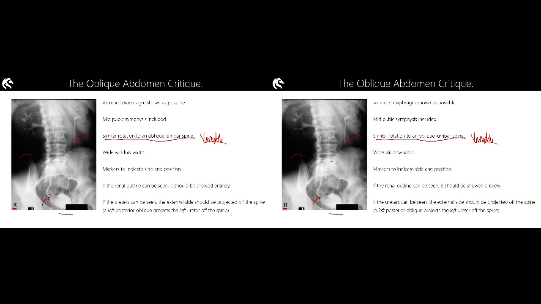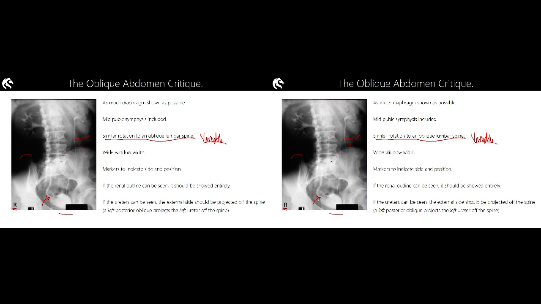The take-home message is this, that a left posterior oblique doesn't necessarily always show left-sided structures well. Okay? It depends upon the lie of that structure relative to the coronal plane. Okay? So in this image, a left posterior oblique might show the left ureter well, but the right VUJ well.